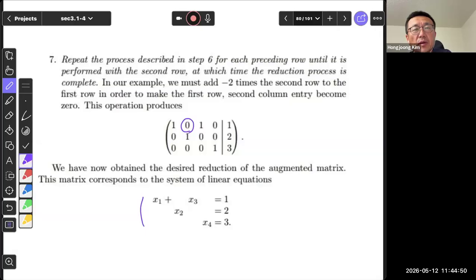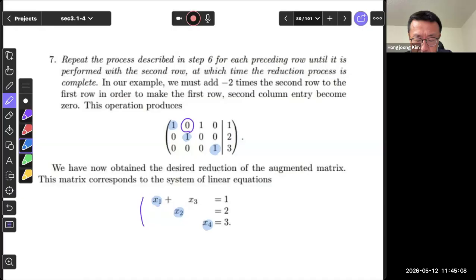Given this, please remember the pivots. What were the pivots? These three ones. Then what are the unknowns corresponding to these pivots? x1, x2, and x4.